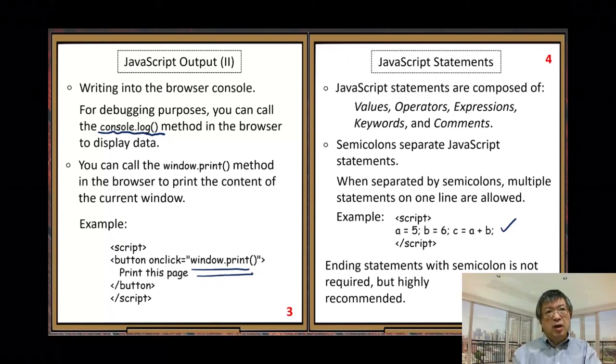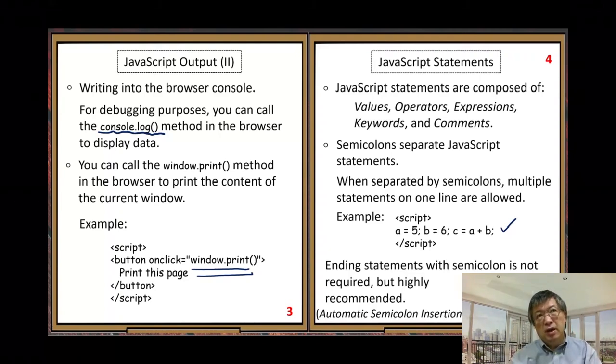But why can you skip semicolons? Because JavaScript has a feature called automatic semicolon insertion. The programmer skips semicolons, but the JavaScript interpreter is smart enough to insert semicolons when necessary.